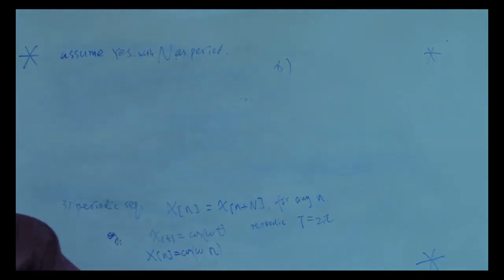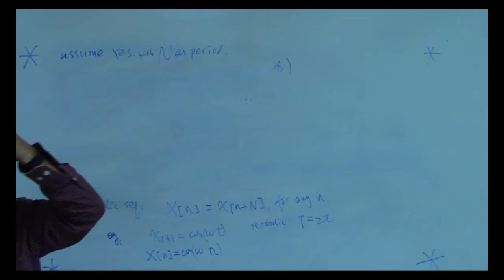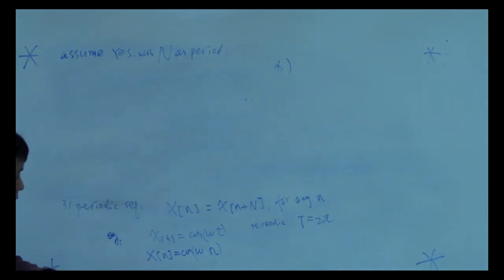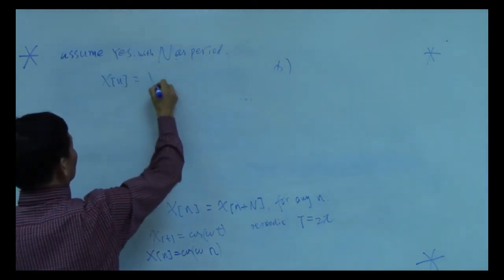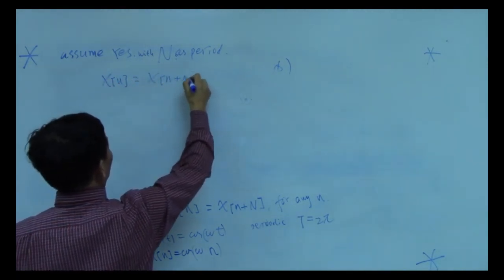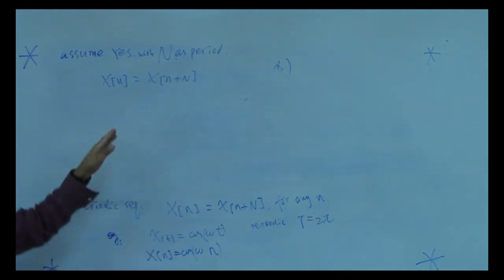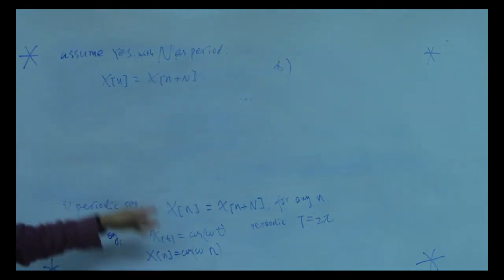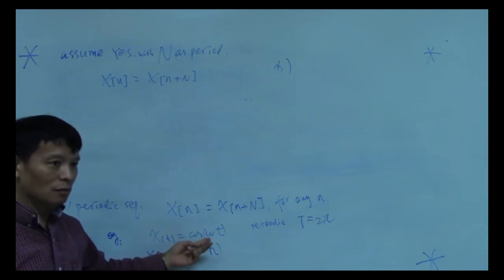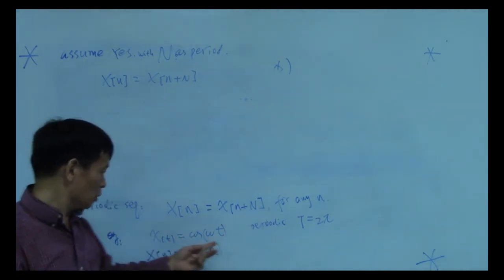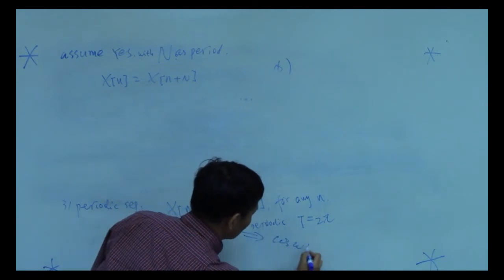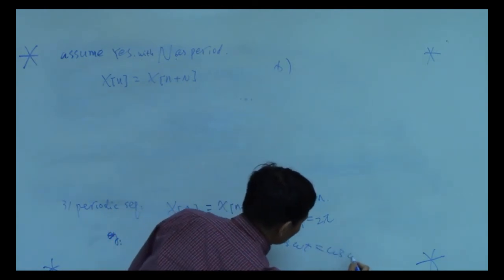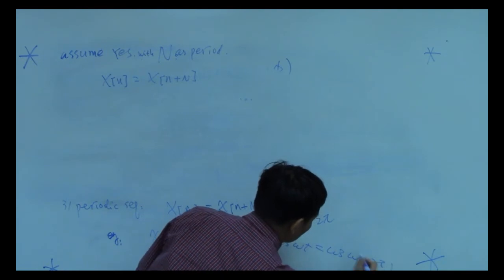You said yes, right? So we assume yes. If it is periodic, what does that mean? That means x(n) will be equal to x(n plus capital N) for any small n. Just like in the continuous case, for any frequency this is always true: cosine omega t is always equal to cosine omega t plus 2 pi.